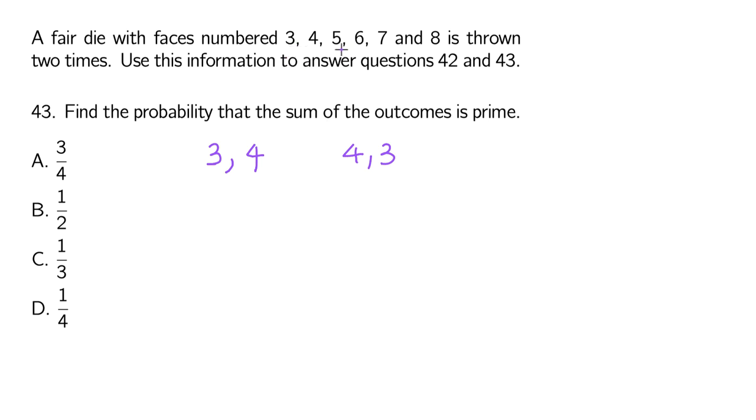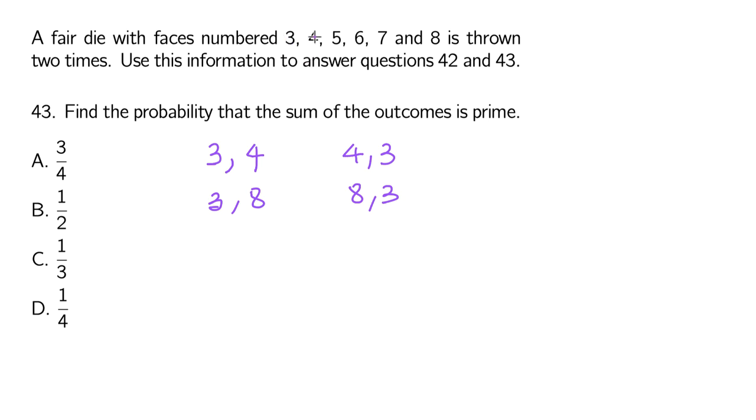That's not prime. 3 plus 5 is 8. 3 and 6, 3 plus 6 is 9. It's not prime. 3 plus 7 is 10. It's not prime. 3 plus 8 is 11, which is prime. So we have 3 and 8, and then 8 and 3. So that gives us all the options if we use 3.